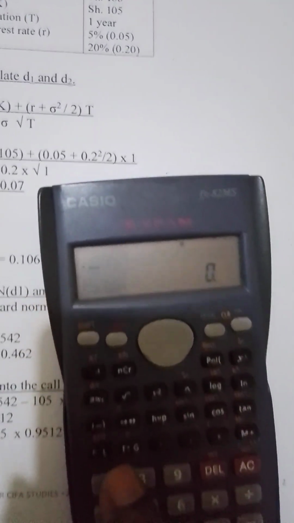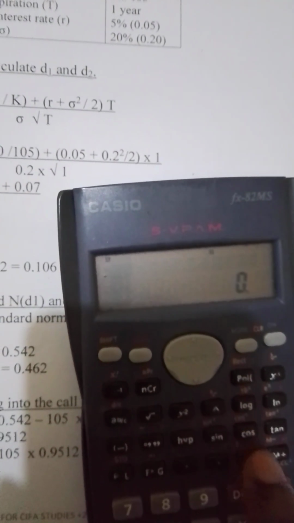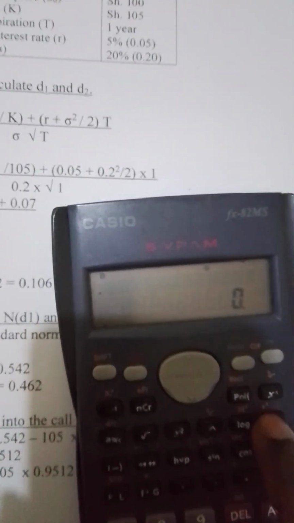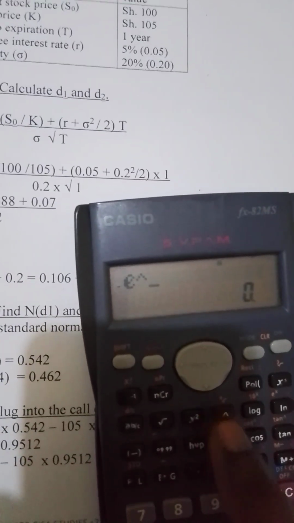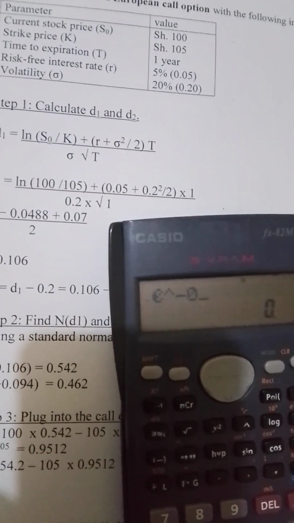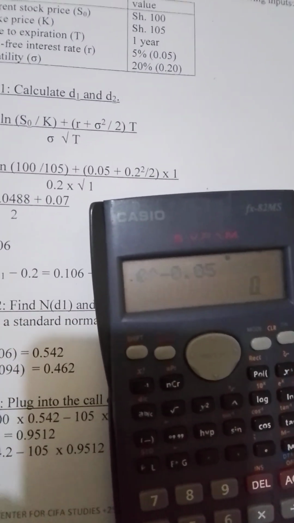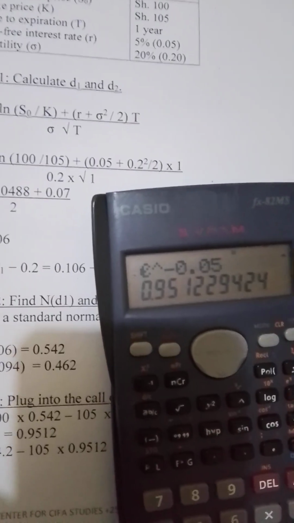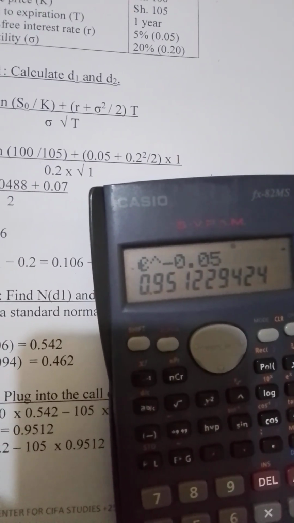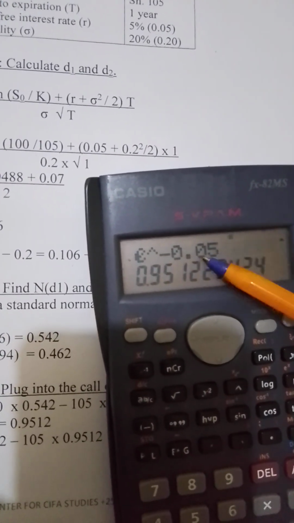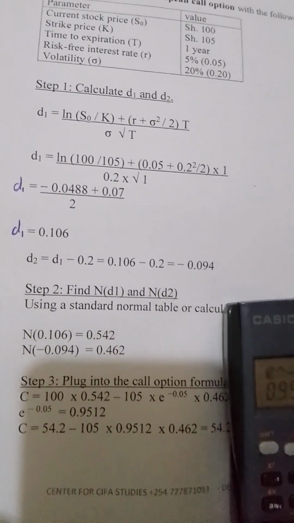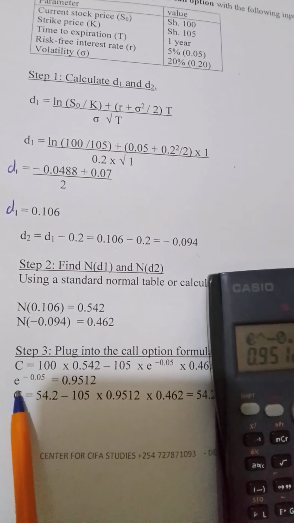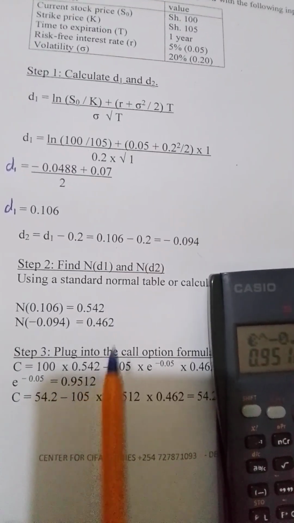We take the exponential first, raised to negative 0.05, and we get 0.9512, something like that, what you can see here. So that is what we have tried to explain here, 0.9512.